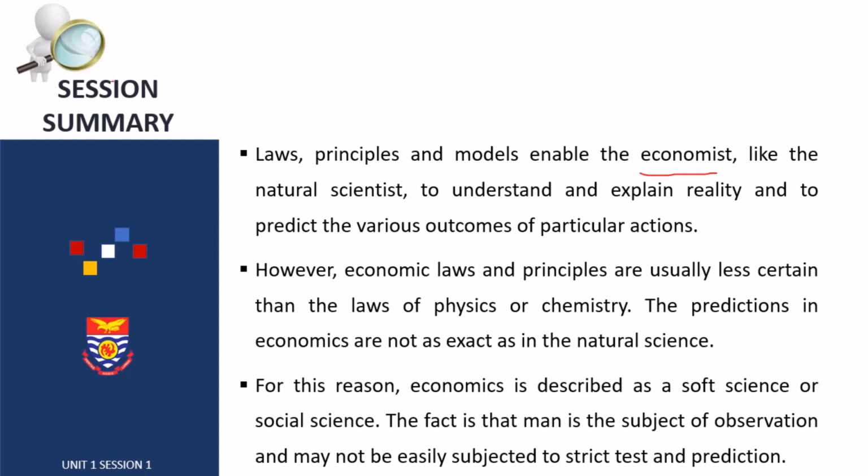The results are different. For this reason, economics is described as a soft science or a social science. The fact is that man is a subject of observation and may not easily be subjected to strict test or prediction.